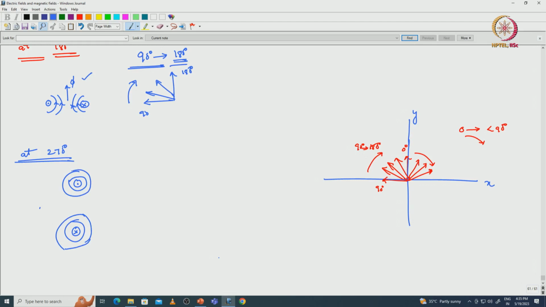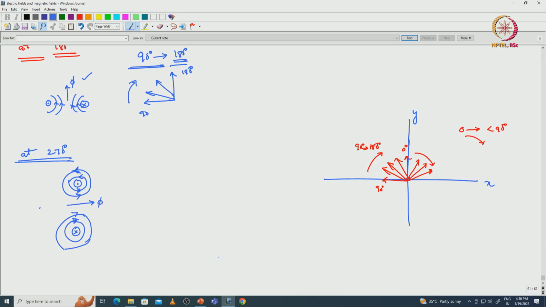With respect to the dot we can observe that the current is coming out anti-clockwise, and with respect to the cross it is in a clockwise direction. That means flux is in this direction.